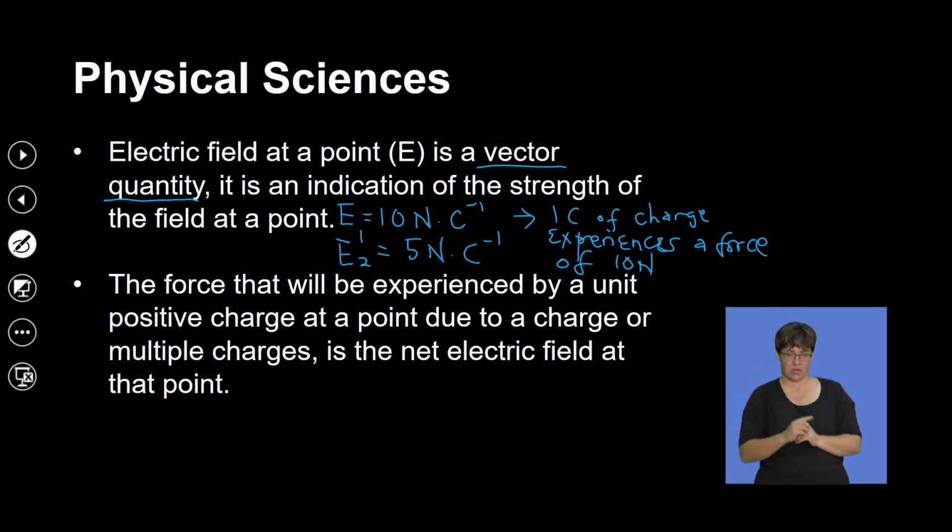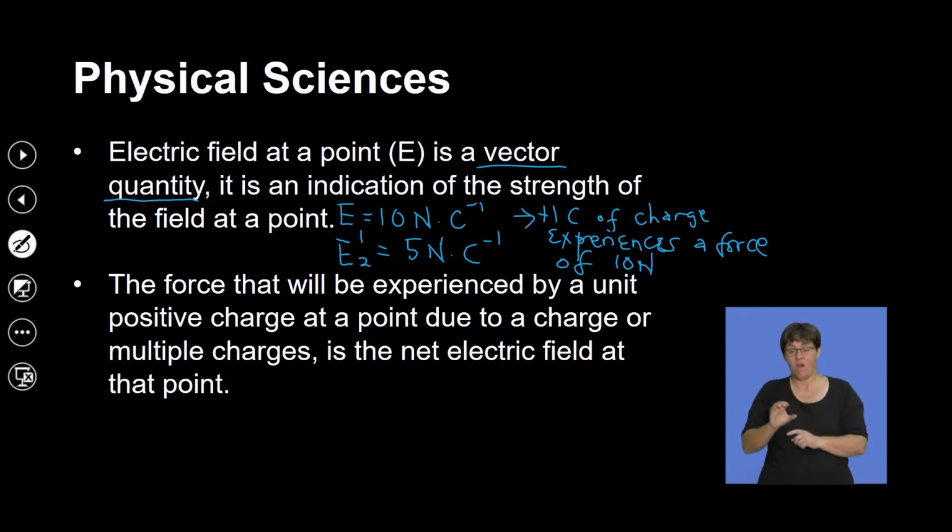So the unit positive charge, plus 1 coulomb, experiences a force of that magnitude at that point. It's very important to bring an understanding into these figures, to talk about the science behind the numbers. Equivalently, 5 newtons per coulomb at E2 would suggest that the force experienced by the unit positive charge is 5 newtons, which is half that at point 1 in the same field.